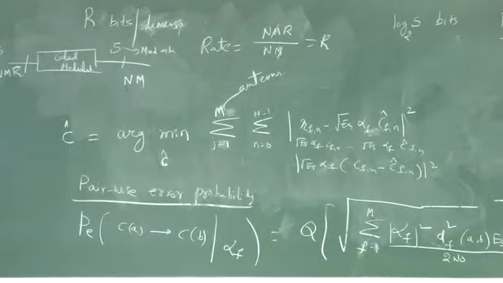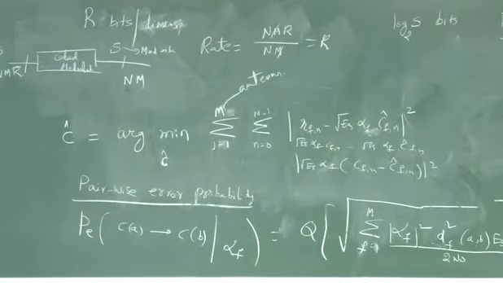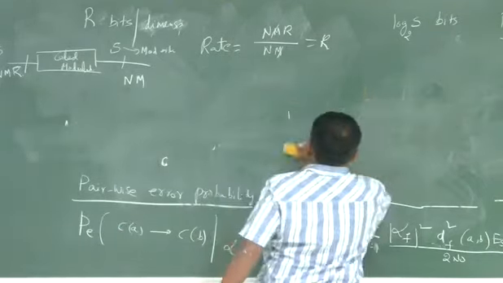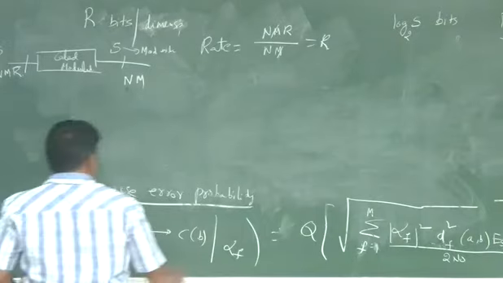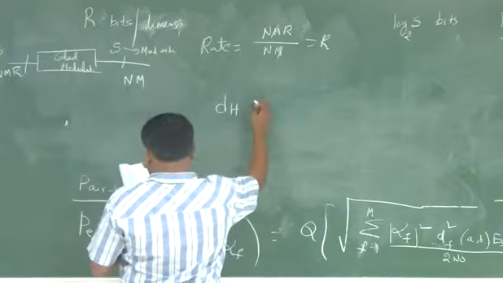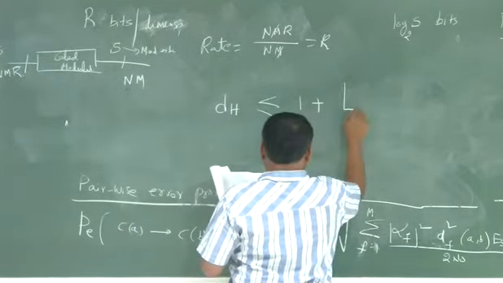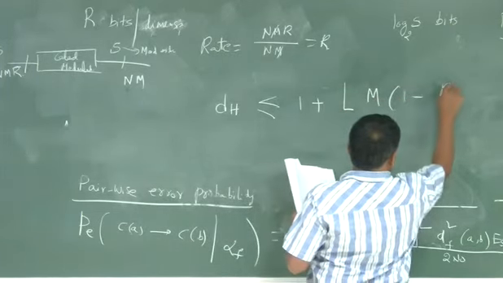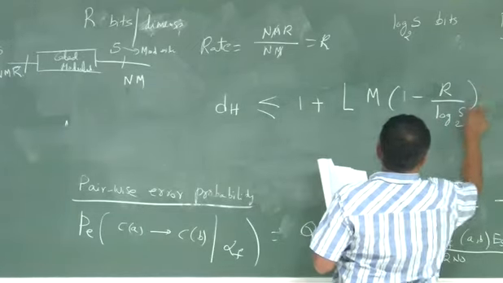Okay? So now singleton bound says that the target diversity order DH is always less than or equal to 1 plus m multiplied by 1 minus r divided by log S base 2.